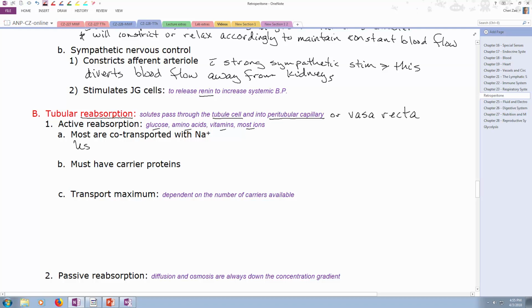So they use the sodium ion gradient to help provide energy to move these various solutes into the cells of the tubule system.